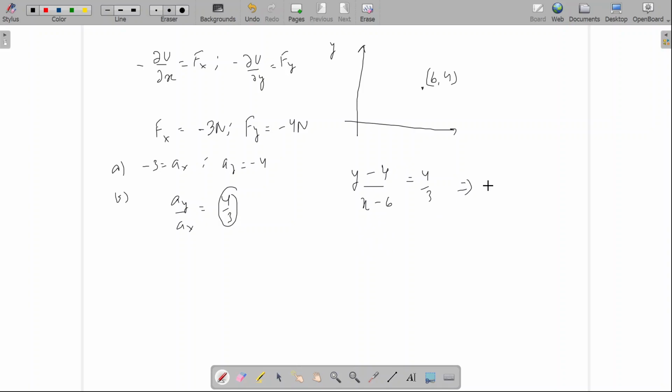So the y coordinate would be, as x would be 0, minus 6 into 4 by 3. So minus 6 into 4 by 3, that would be minus 8, plus 4.